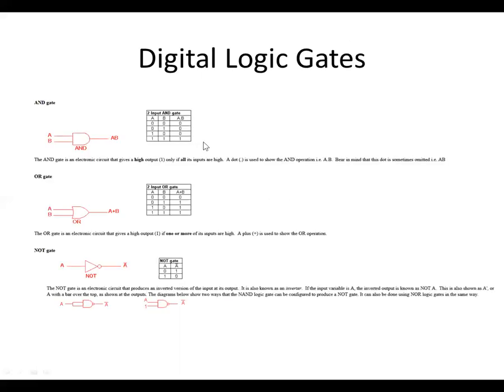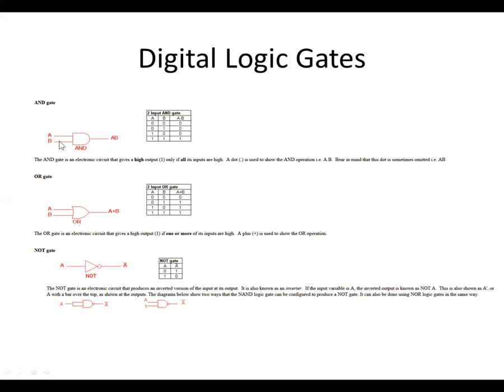Then you'll run across digital logic gates, and this is the symbol for an AND gate. And what this means, an AND gate means that in order to get the output to go from 0 to 1, or from false to true, both A and B have to be at 1, and then you get the 1 output. That's what this little truth table shows you.